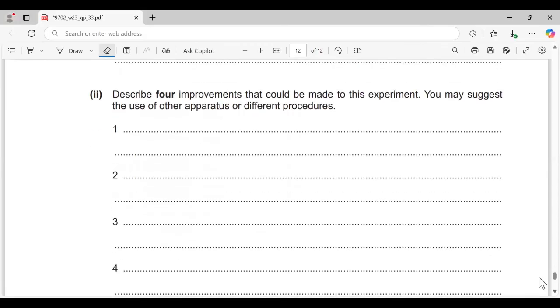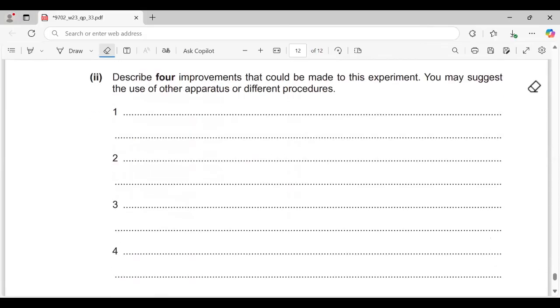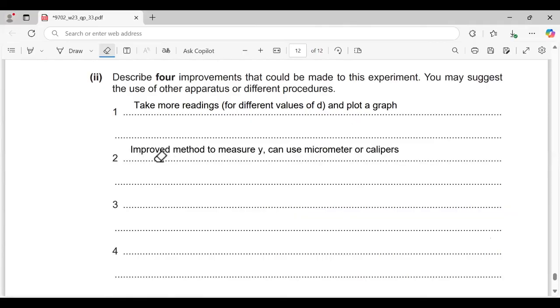Part 2, describe four improvements that could be made to this experiment. You may suggest the use of other apparatus or different procedures. The first, take more readings for different values of D and plot a graph. The second, improve the method to measure y, using a micrometer or calipers.